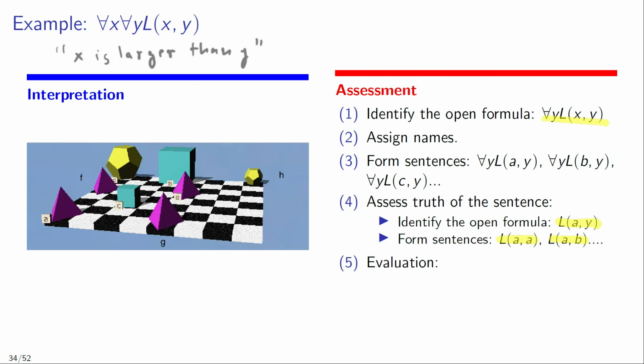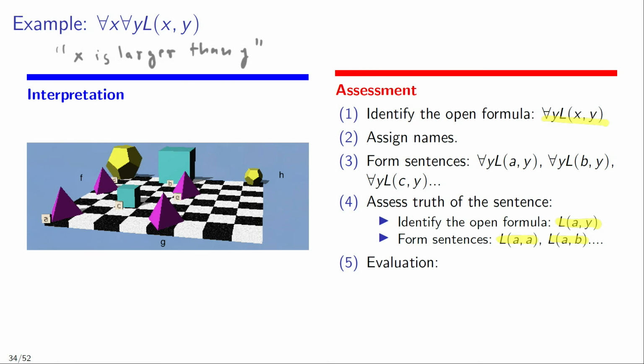And now we can see that Laa is indeed a false sentence. So Laa, according to our symbolization key, says that A is larger than A. But that's not true. A is just as large as A. And so since Laa is false, that also means that the universally quantified sentence for all y, Lay is false.